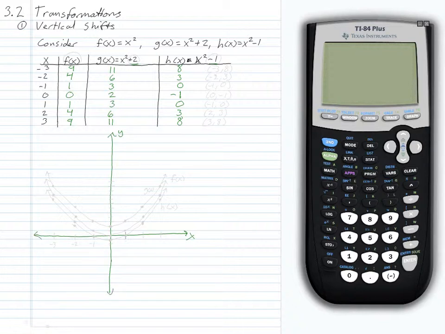So if we have 1, 2, 3, 1, 2, negative 3, 1, 2, 3, 4, 5, 6, 7, 8, 9, 10, 11. And that's about as high as we'll need to go. Remember, we're going to graph f of x first. That's one of our basic functions, so that's one that we should be able to graph very easily and quickly.